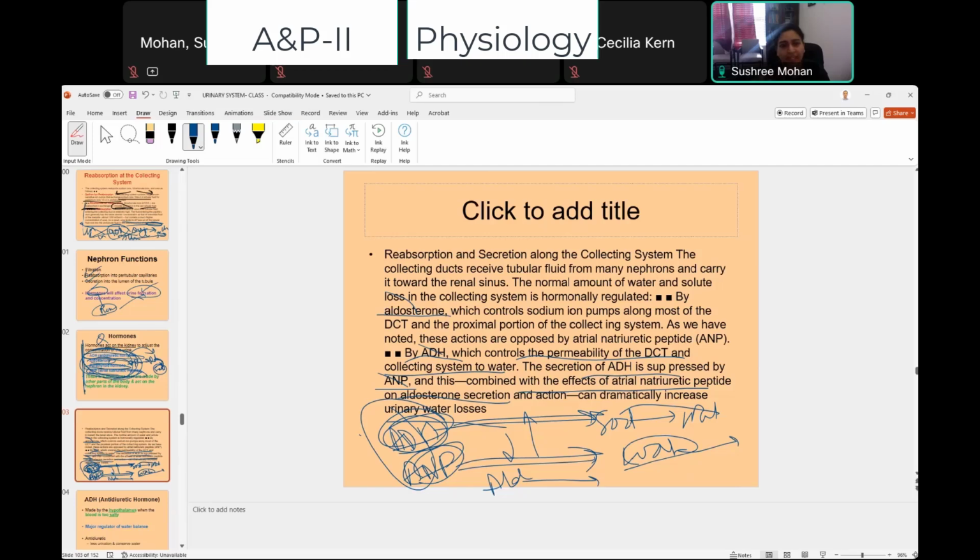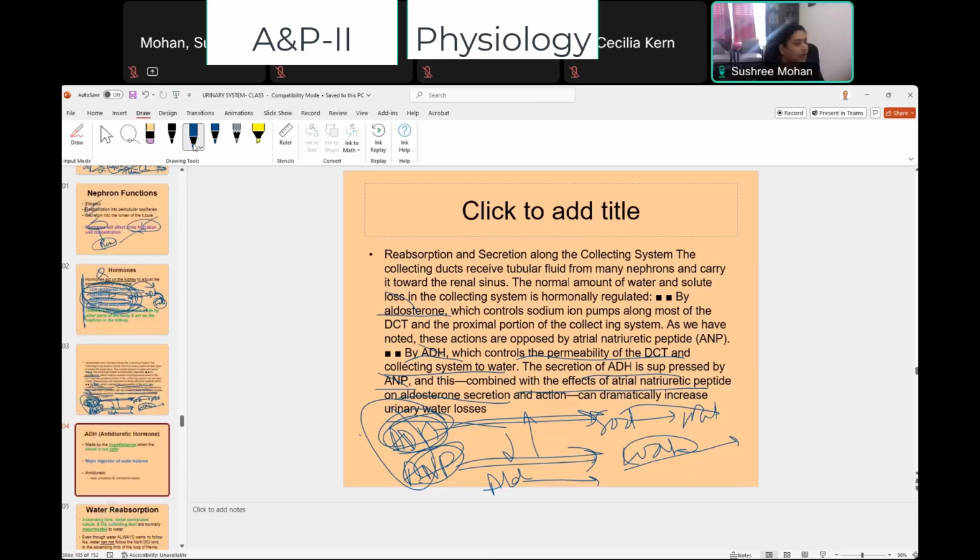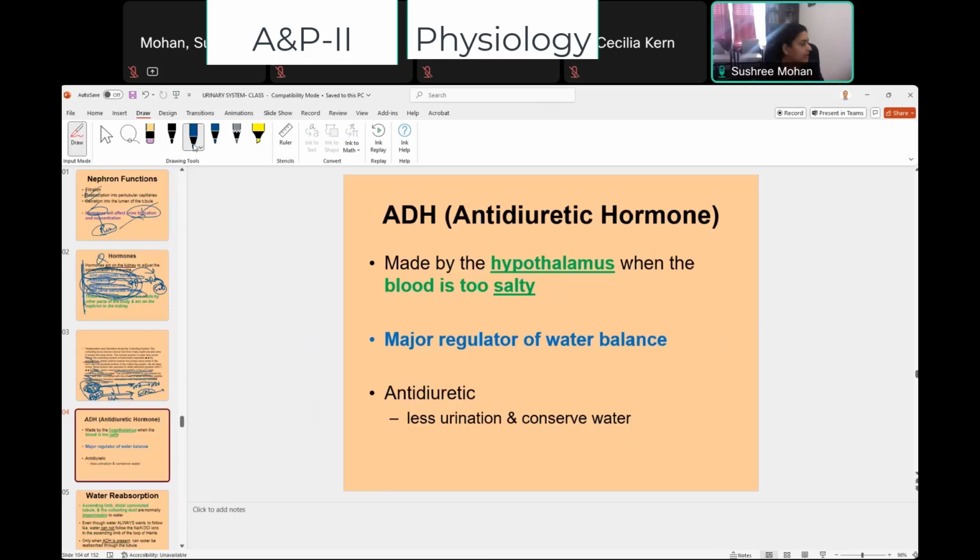And if it's keeping the water inside, which means blood pressure will increase. But the other guy, if it is flushing the water out, if it's not keeping the water, and there's lower volume, so less pressure is required, so the pressure will fall. So this is how these hormones act on the blood pressure.